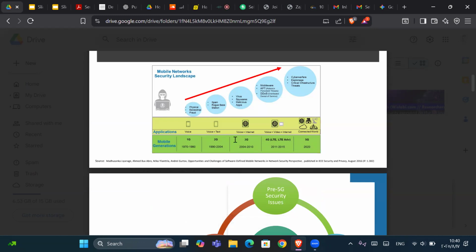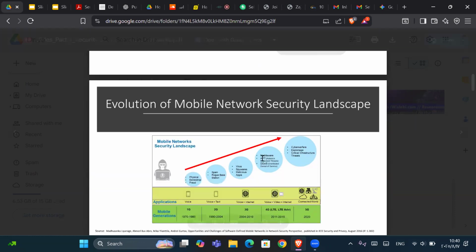Each 10 years, we have a new generation, basically. 1980, 1990, 2000, 2010, normally every 10 years we have a new generation in networks, not in devices, in networks.